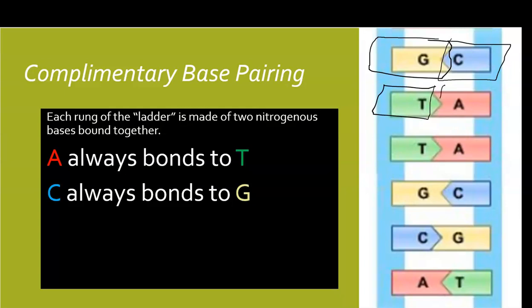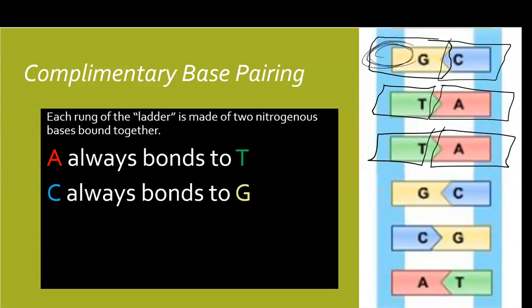One nucleotide, two nucleotides. Notice I included the sugar phosphate backbone and the nitrogenous base within the nucleotide. So the nucleotide is the whole thing. It's the backbone plus the nitrogenous base right there.